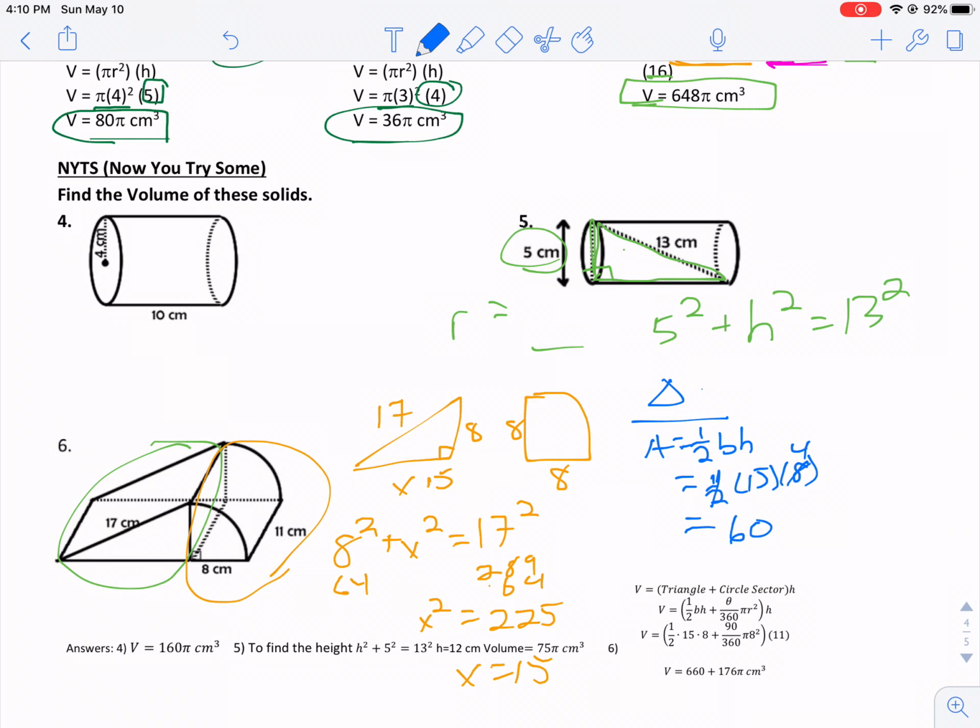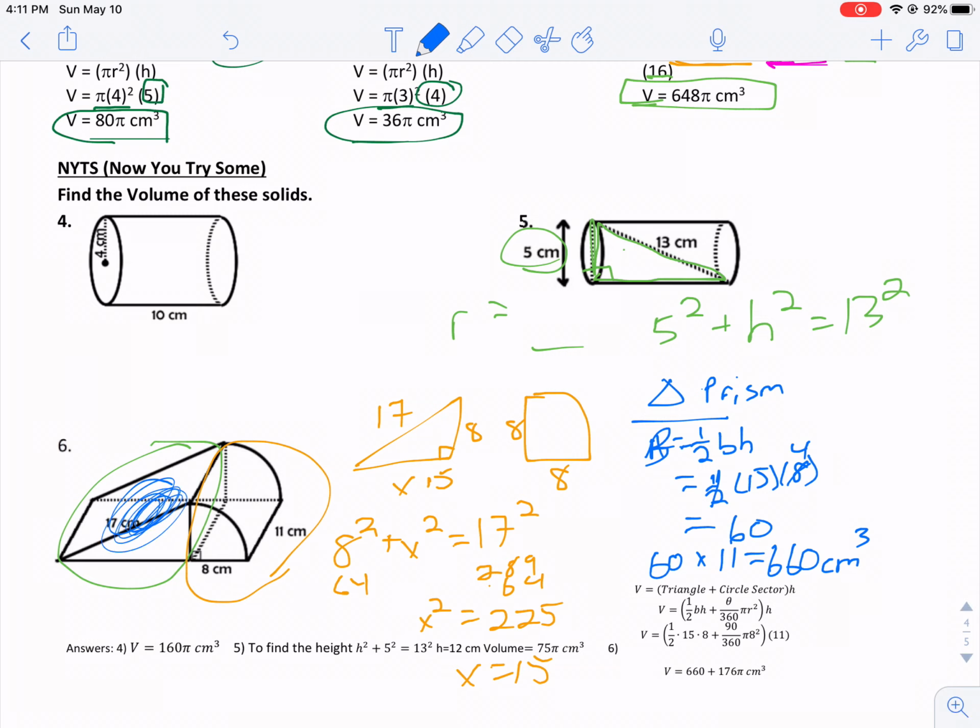Then for me, the height here is 11. So that was my base area. Then I need to take 60 times its height, which is 11, which gives me 660 centimeters cubed. And that's for that triangular prism over there.